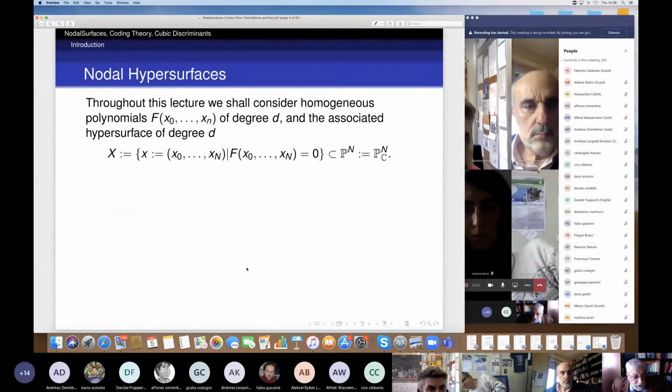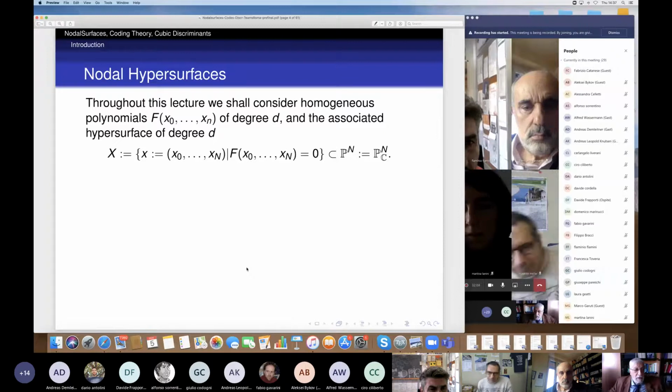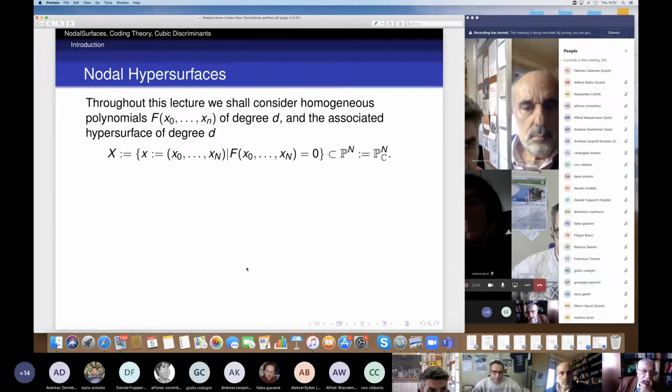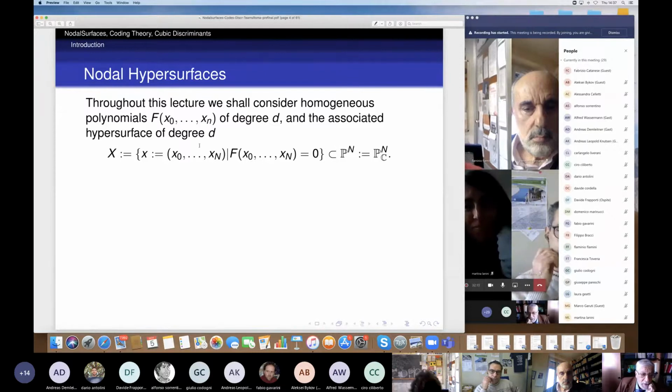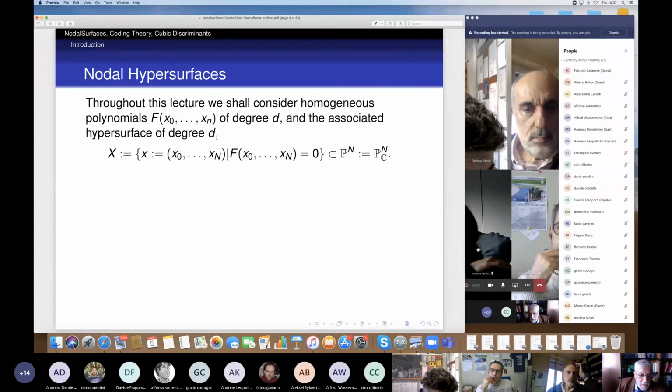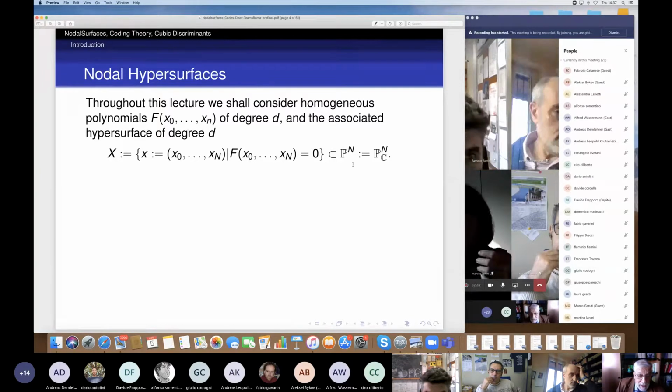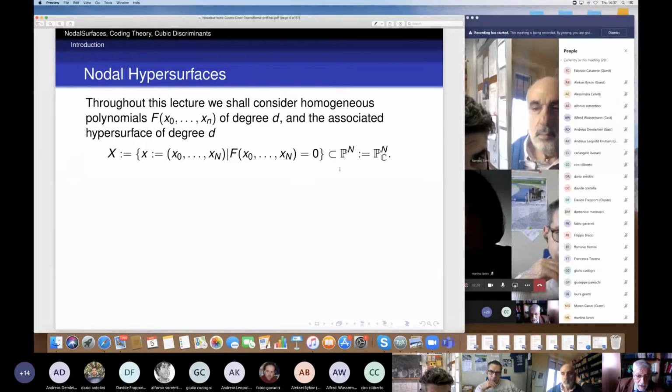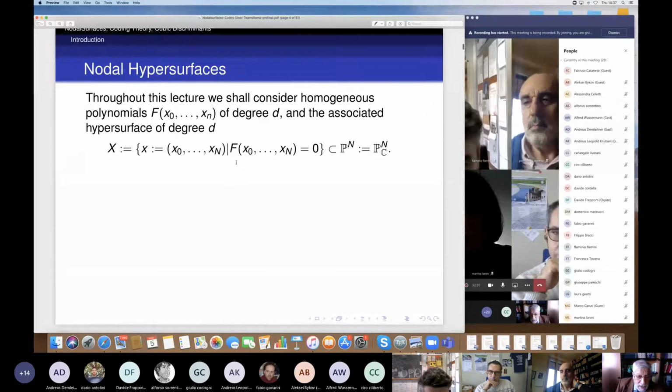Nodal hypersurfaces. Throughout the lecture, I consider homogeneous polynomials f of n plus 1 variables, x0, ..., xn, of degree d. To this, one associates a hypersurface of degree d in projective space P^n; you take the zero set of this polynomial.